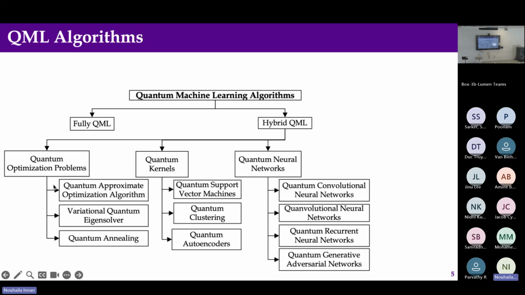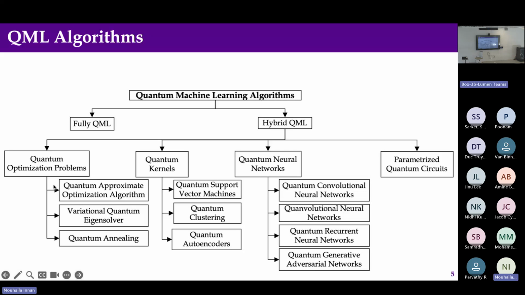It can be used for many models coming from the classical side, just the quantum parts: quantum convolutional, quantum recurrent neural network, quantum generative adversarial networks. It's also a generative model, like quantum Boltzmann machine, etc. Then we have the parameterized quantum circuits, which is the backbone of all these models.